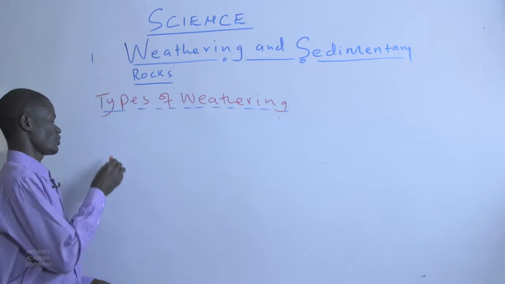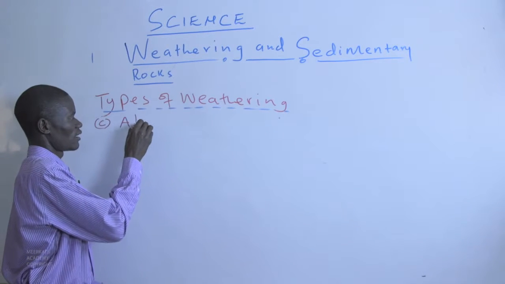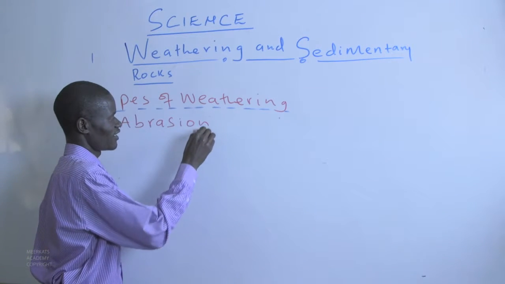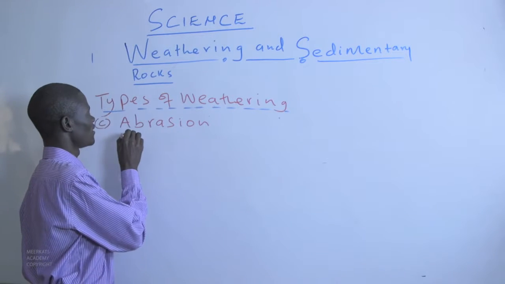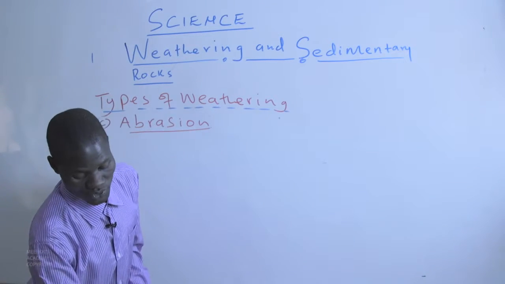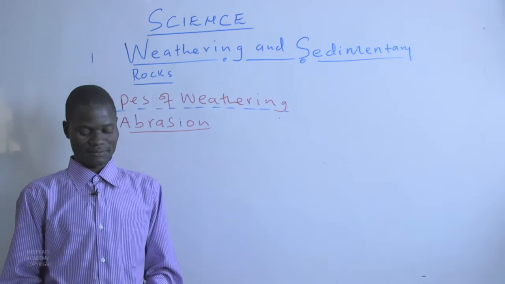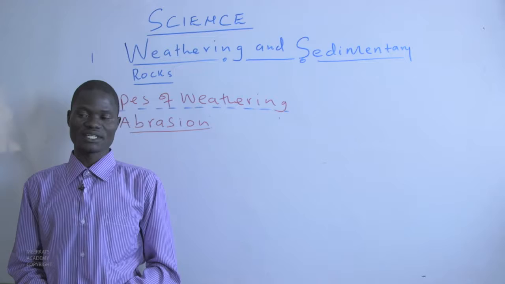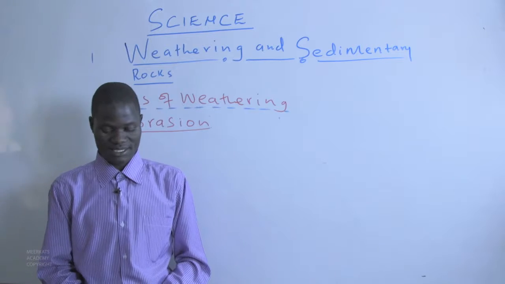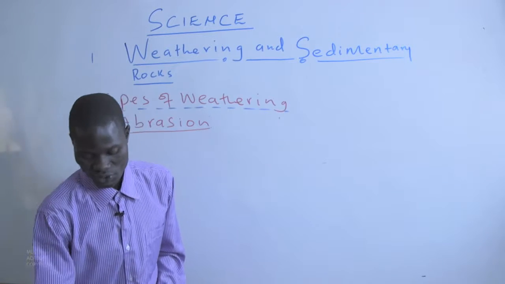We have the abrasion. Abrasion is also a process that occurs when rocks rub against each other, and this involves the chipping and breaking of rocks into smaller pieces during physical weathering.